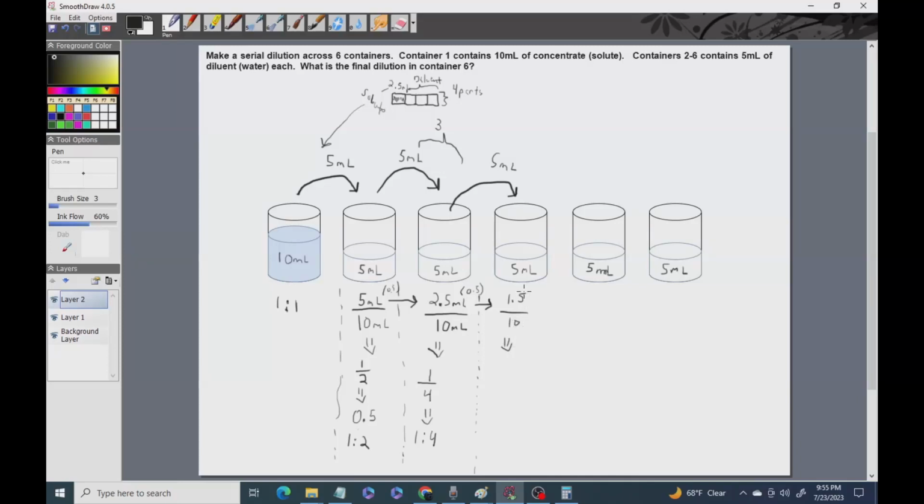Actually, sorry, it's 1.25. So we get 1.25 out of 10.